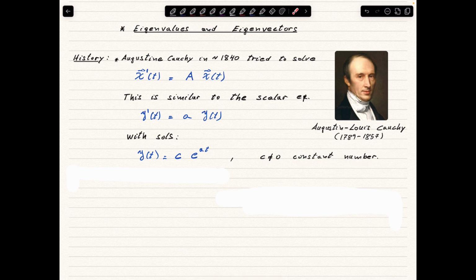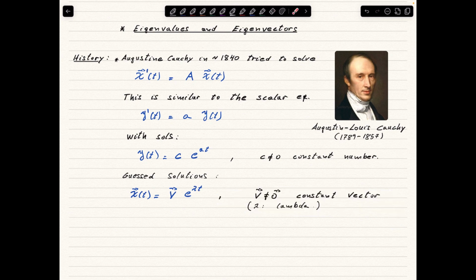So this type of solution of the exponential growth equation motivated Cauchy to guess that the system could have solutions of the form x of t equals, just like before, a constant, but in this case the constant should be a vector v, and then exponential of some number, let's call it lambda t.